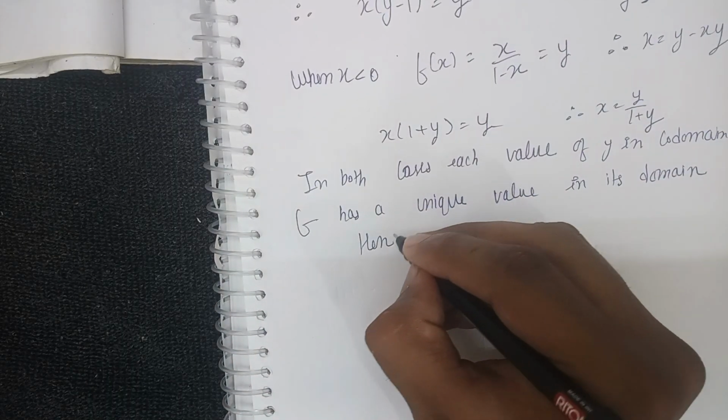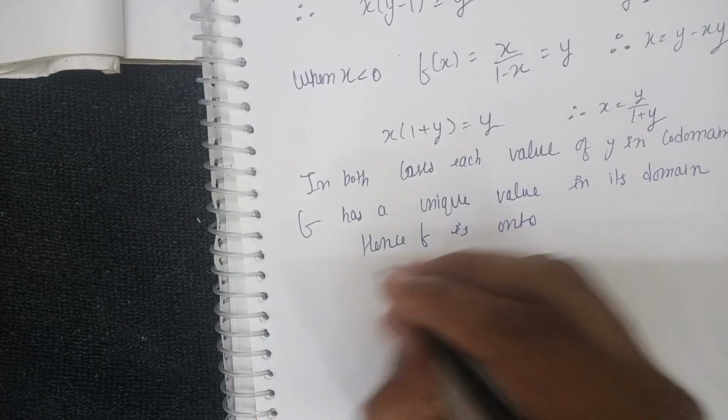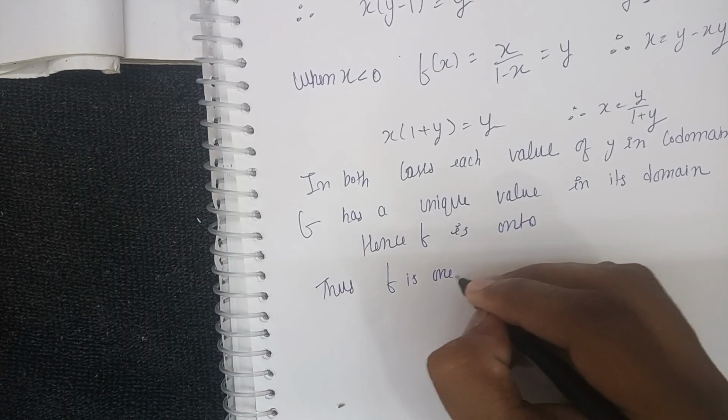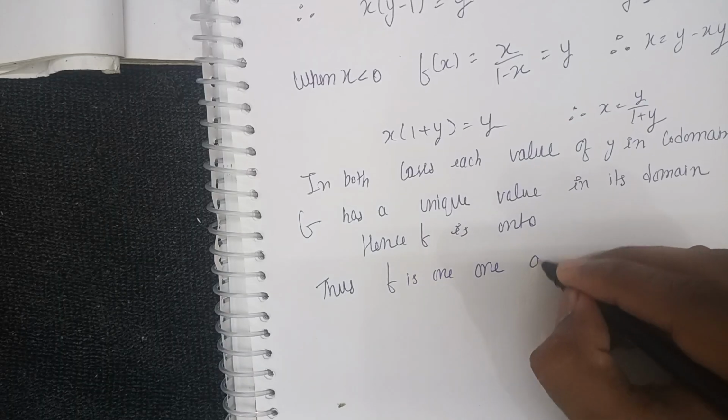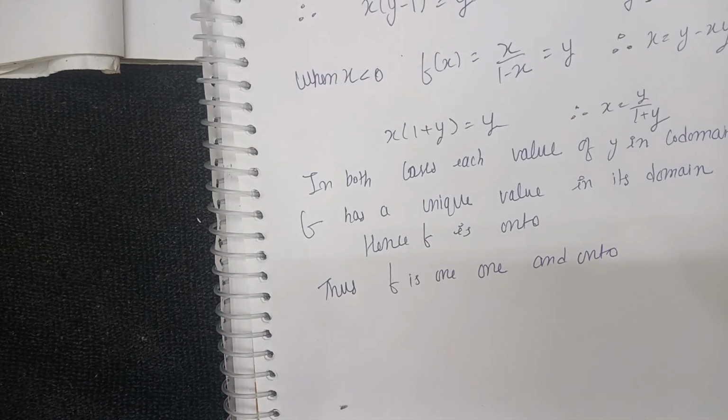Hence f is onto. Thus f is one-one and onto. Hence we have completed our question number 4.